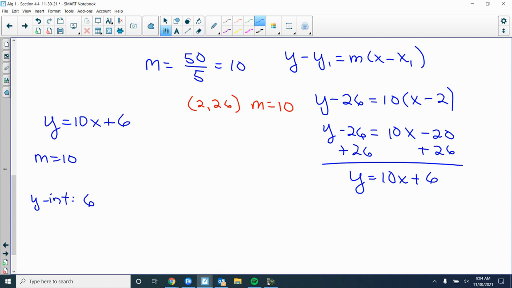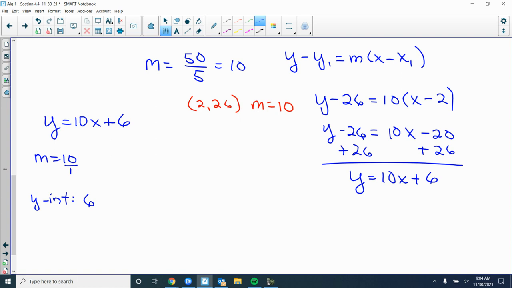It means, since it's positive, the number of subscribers is growing by 10 million per year because it is 10 over 1. If it was 5 over 2, it'd be 5 million every 2 years.